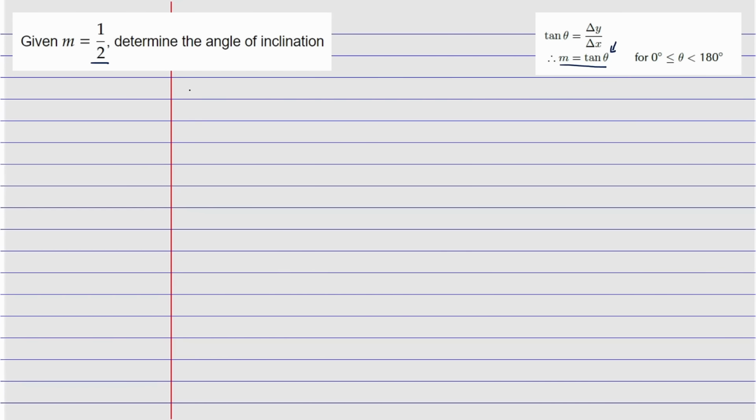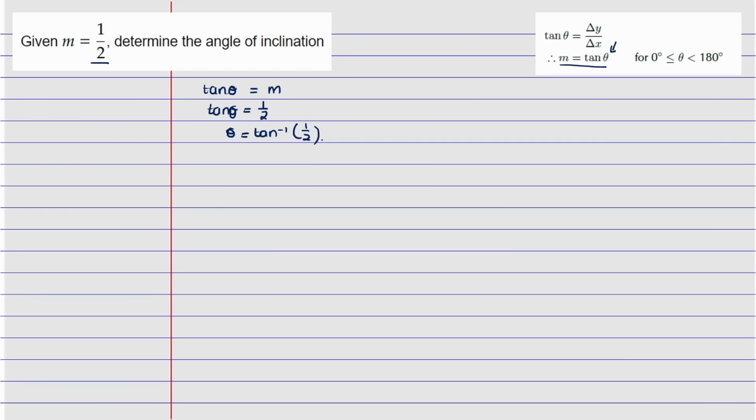So we have tan theta equals the gradient, so tan theta is equal to 1/2. So theta is going to be equal to tan inverse of 1/2.